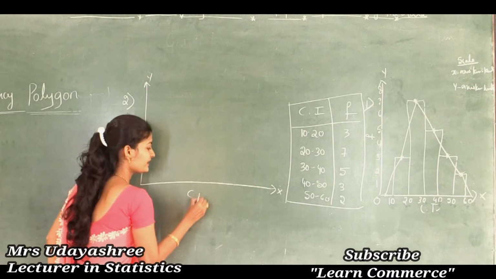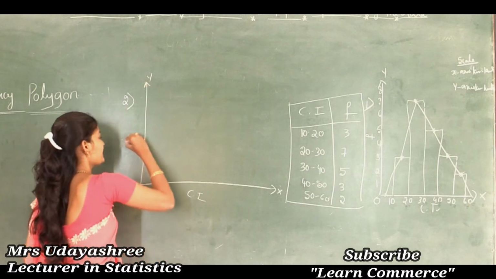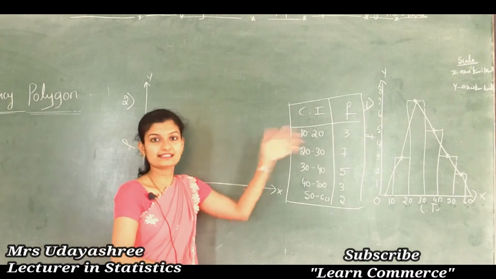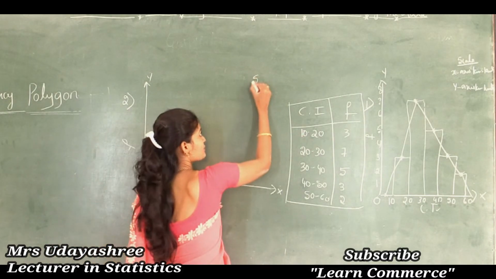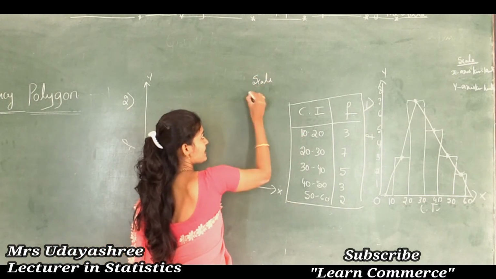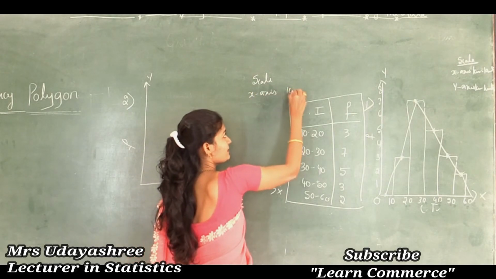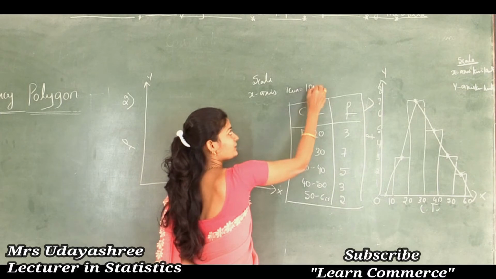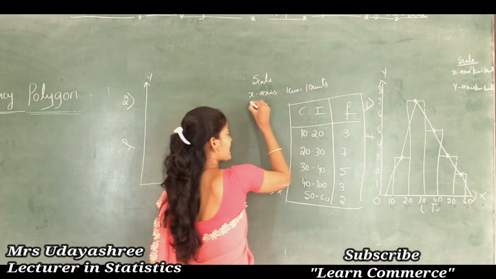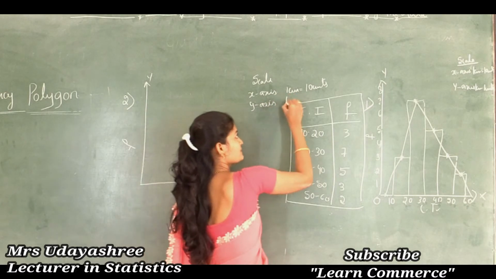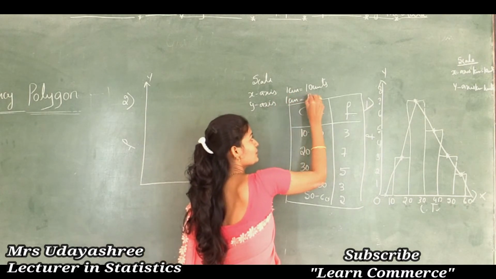So here I will write class interval and here I will write frequency. Here also I will take the same scales. The scale for x-axis is 1 centimeter equals 10 units, and the scale for y-axis is 1 centimeter equals 1 unit.